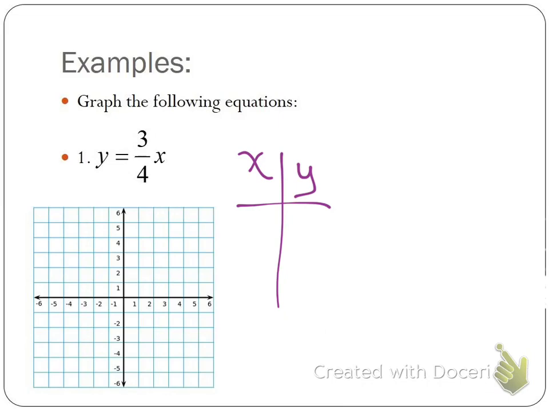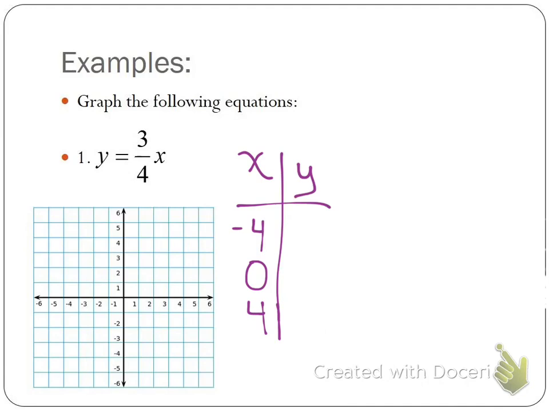So I know already by looking at this problem, I want to pick -4 as one of my options for X. I will always, unless the problem tells me not to, pick 0 as an option, regardless of the type of problem. And also the denominator itself, 4. You need to pick at least 3 values when you graph by a table for this class. You can pick more if you want to.